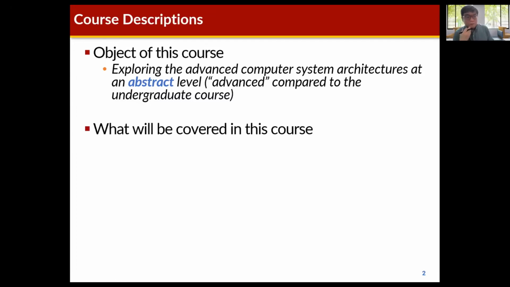So what is the goal of this course? Actually, I believe most of you took the computer architecture course for undergraduate students. I copied the objective of this course from the syllabus of the undergraduate course. In the undergraduate course, I mentioned exploring the computer system architecture at an abstract level.